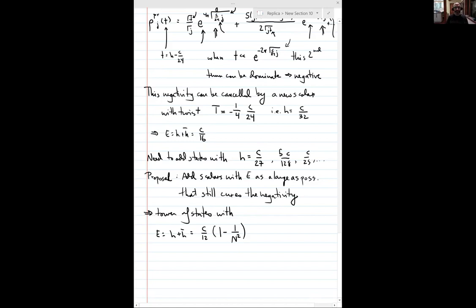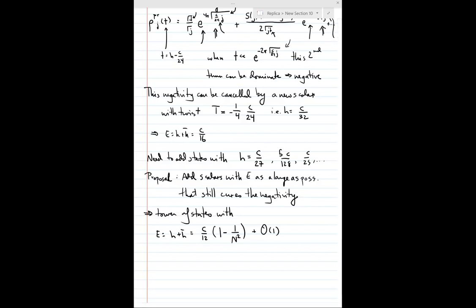Although in this argument that I've described for you so far with the torus partition function, you only need to add a finite number of these things, for reasons that I don't think I'll have time to talk about too much, the proposal that I would make, which I think is the most natural one, is that you should add such states with all possible integer values of n. There's also one small subtlety that I'm not going to have much time to comment on, which is that this expression that I've written down is true at large central charge, but there are order 1 corrections that we could discuss.